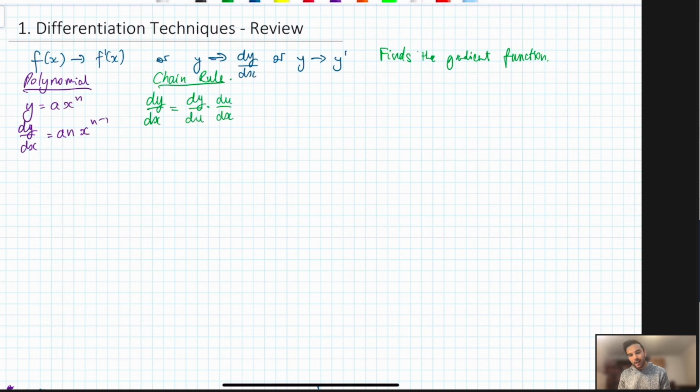We typically use the letter u to represent that. So you might bring in a letter u, which is a dummy variable, and it helps simplify some of our problems. Then chain rule can generalize a lot of things. What chain rule can now do, if you apply it, is it can make the power rule.